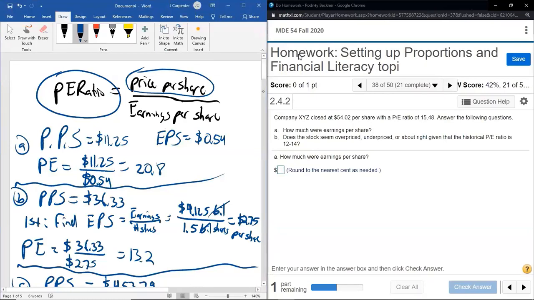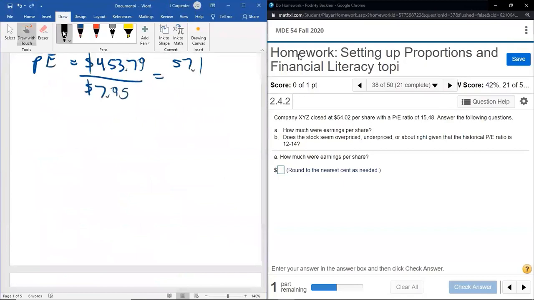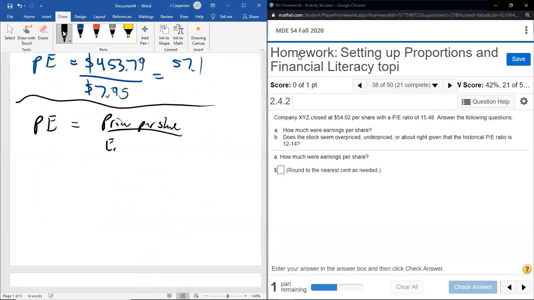So we're just going to take this equation, which I will rewrite. PE ratio equals price per share over earnings per share. I wrote it a little ugly because you've already seen the formula.